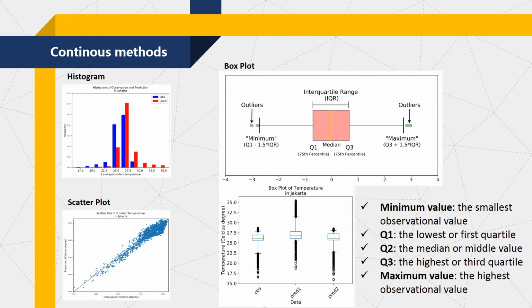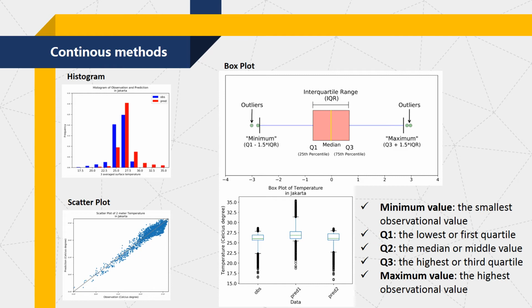The most important thing about the histogram is that this method solely exhibits general data distribution, thus it cannot represent a direct difference between forecast and observation data. In other words, the histogram is a qualitative method which does not give skill score information between forecast and observation.